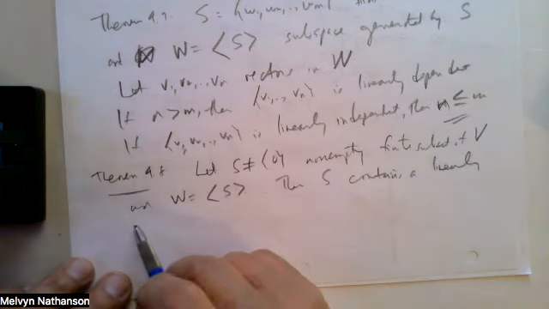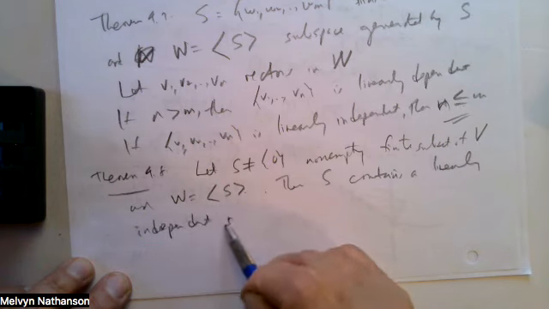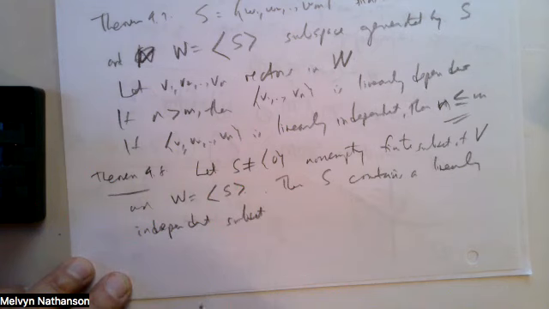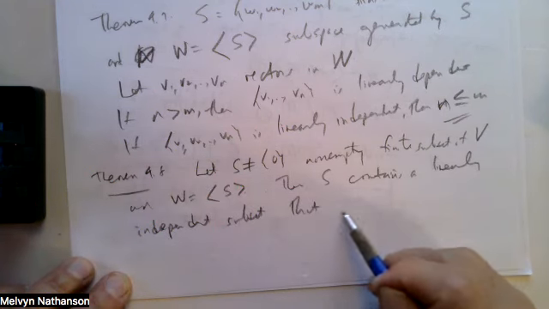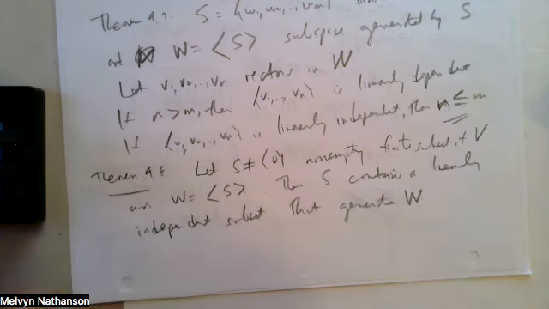So S contains a linearly independent subset that generates W. So this result we used in the exercises.